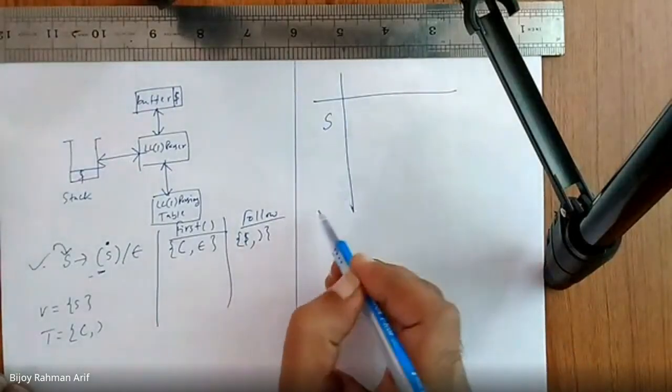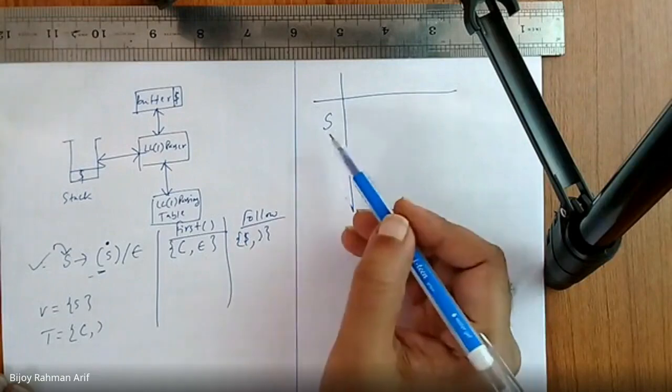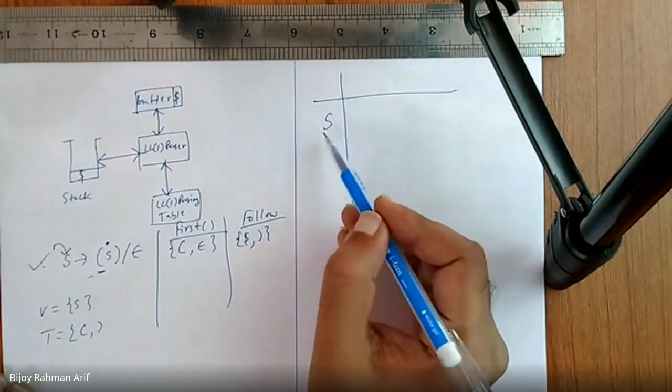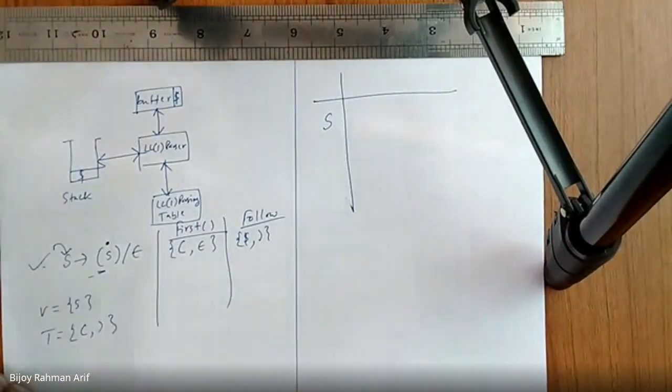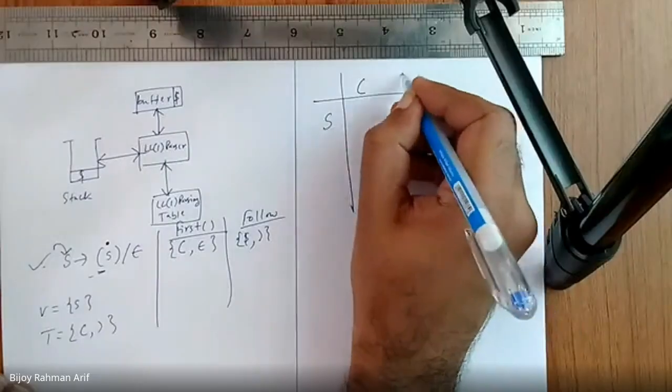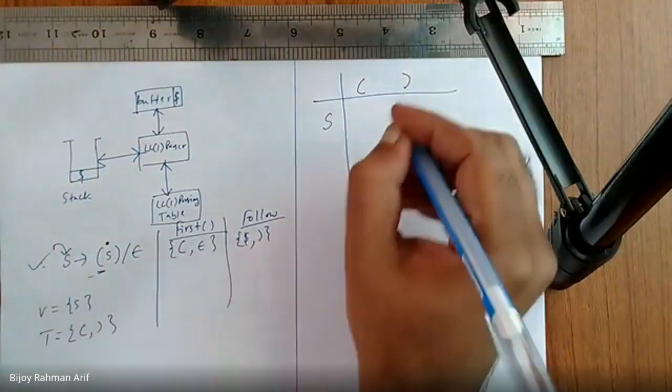Now, let's try to generate the parsing table. On the leftmost column, you should put all the variables. So how many variables are there? S. Okay. On the right-hand side, topmost row, you are going to put all the terminals. So how many terminals are there? Open parenthesis, close parenthesis, and there is one more terminal, that is nothing but dollar.